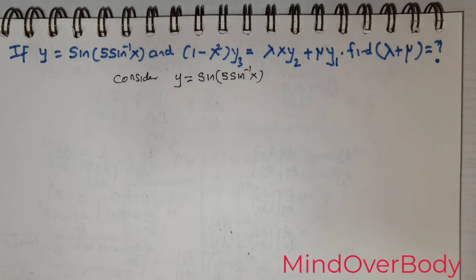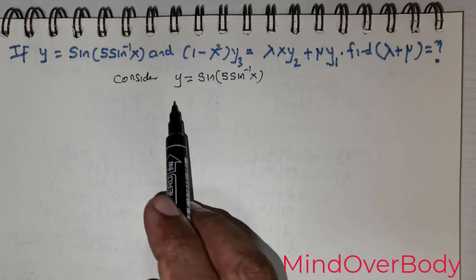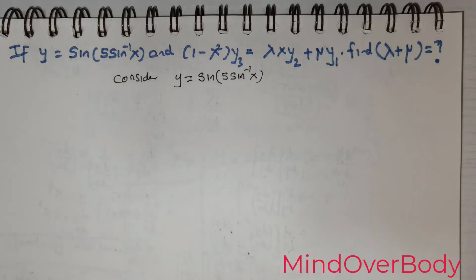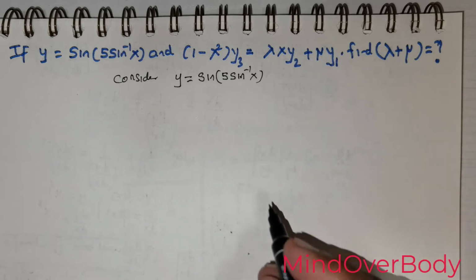We need to be a little bit cautious in approaching this, because if you were to outrightly start differentiating this term first time, second time, third time, you will forever end up obtaining derivatives. There wouldn't be any termination at all. Hence it is imperative for us to adopt a way by which we can achieve the end result, λ + μ.